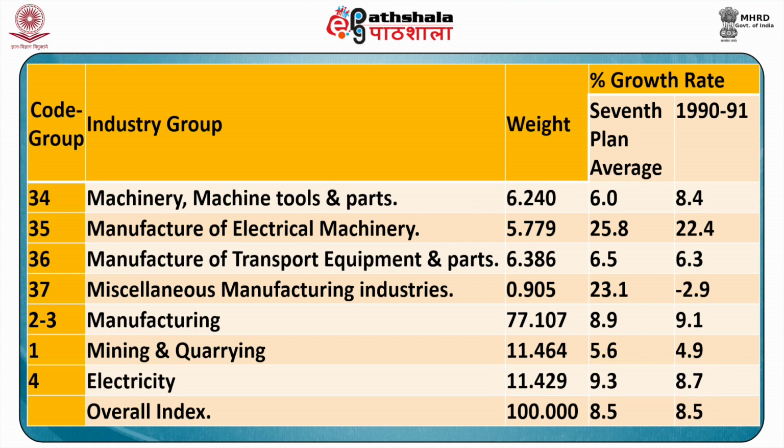Its weight was 11.429 and the growth rate in electricity in the 7th 5-year plan was 9.3% and in 1990-91 it was 8.7%. The overall index has a weight of 100% with a growth rate of 8.5% in the 7th 5-year plan and 8.5% in 1990-91.